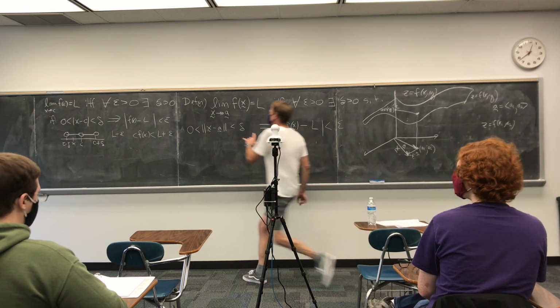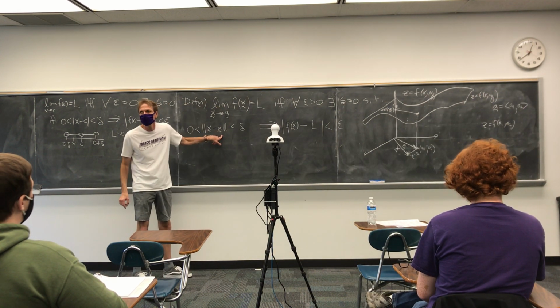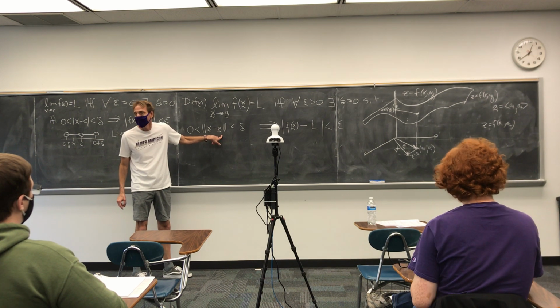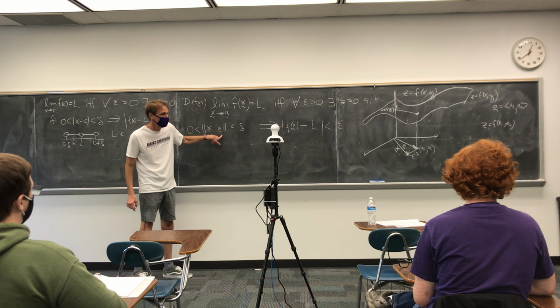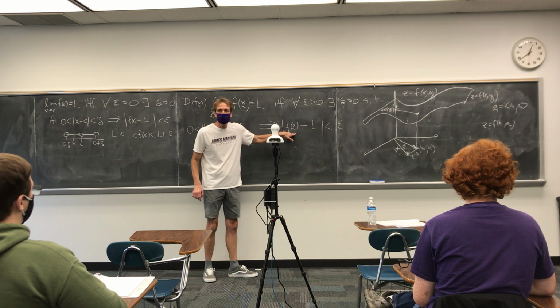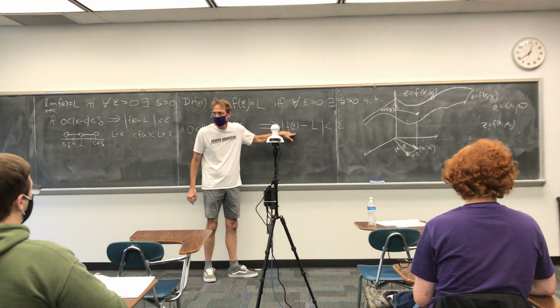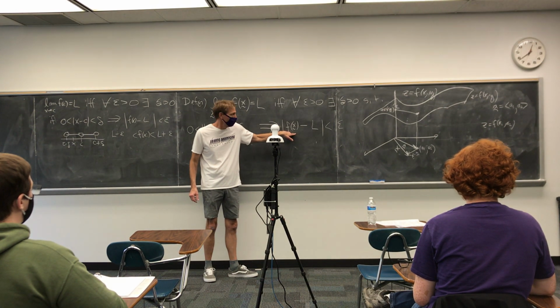So we're saying as long as the norm, as long as the distance of the vector x minus a is less than delta, then f of x minus L better be less than epsilon.